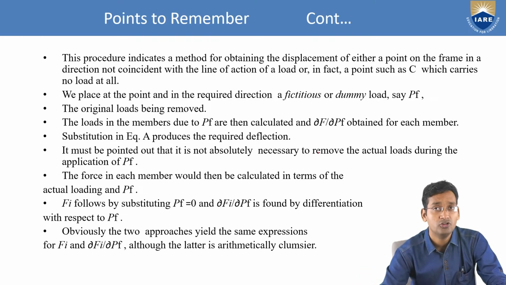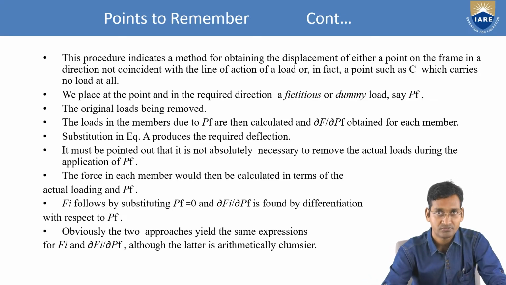So Fi follows by substituting PF equal to 0, and hence ∂Fi by ∂PF is found by differentiation with respect to PF. So whatever F is there, differentiate Fi with respect to PF, find the value and substitute PF equal to 0 in the equation. How we will solve that, we will see in the numerical.